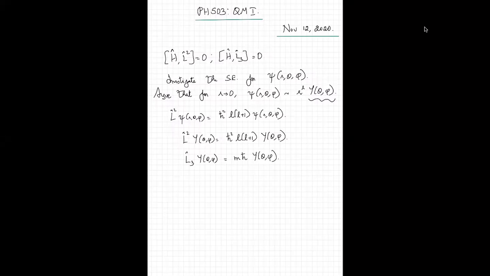The angular dependence should stay as Y of theta, phi because those are the eigenfunctions of the L squared operator. As you move away from the origin, we argued that for any r, the wave function in the central potential should take the form of some function that depends on r alone and some function that depends on theta and phi alone.